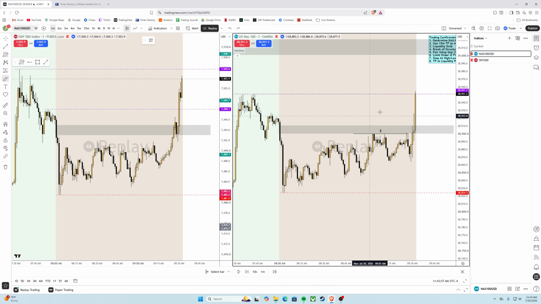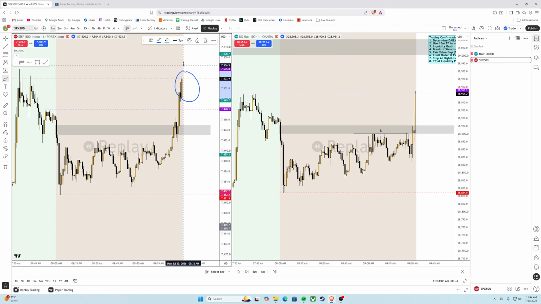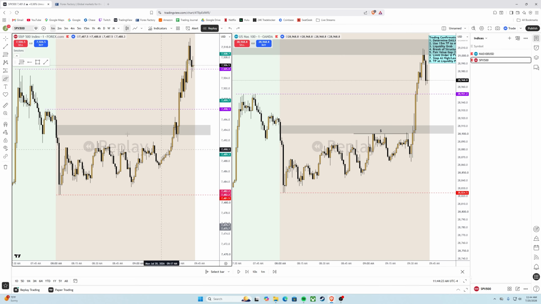At this point, you see the Nas filled the gap, cleared these highs, and cleared the London highs. And the S&P is getting very close to clearing the London highs. So at this point, I'm done. It is 9:33. My trading window is from 9:30 to 11, it's now 9:33, and price has gone up and cleared the targets that we were looking to take.